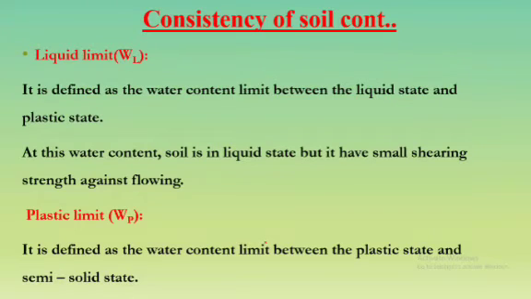So what is the liquid limit? The liquid limit is denoted by WL, and it is defined as the water content limit between the liquid state and plastic state. At this water content, the soil is in the liquid state, but it has a small shearing strength against flowing.